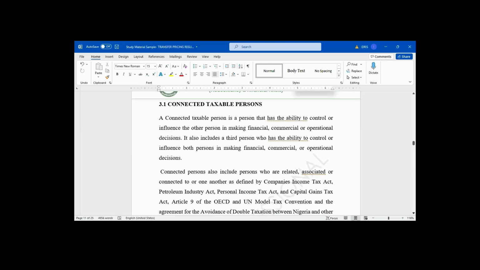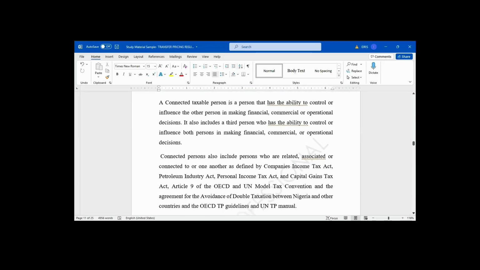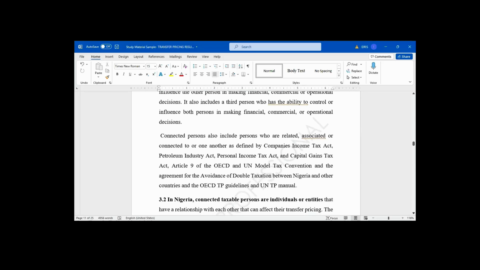So connected persons means a person that has the ability to control a transaction or to influence another party's transactions in making financial, operational or commercial decisions. These connected persons are the ones we are after under transfer pricing.